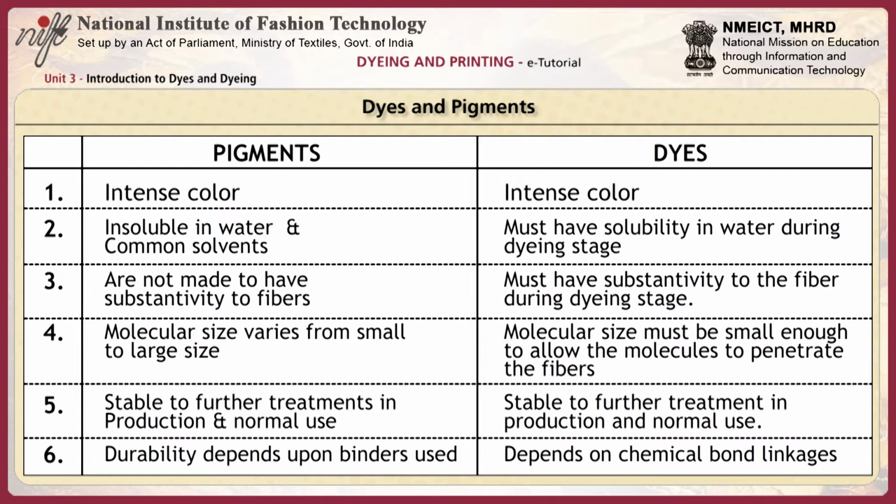The molecular size of the dye must be small enough to allow the dye molecule to penetrate the molecular structure of the fiber. They are stable to further treatment in production and normal use. The durability of dye depends on what kind of chemical bond forms between dye molecule and fiber molecular structure.